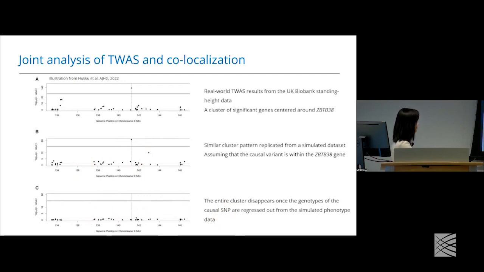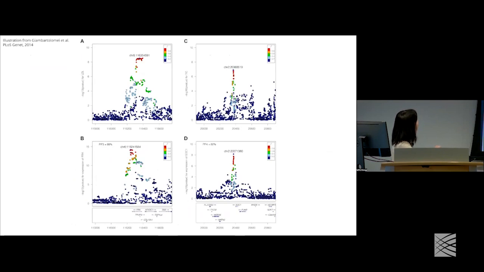So let's zoom in a little bit at the variant level, explaining why this is happening and why we need a co-localization analysis. This is also an illustration from a previously published paper. These four panels are association study results from four different phenotypes.